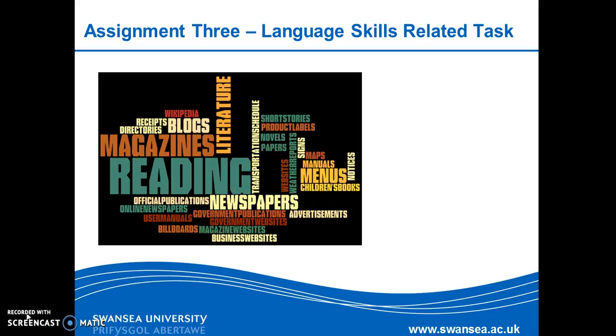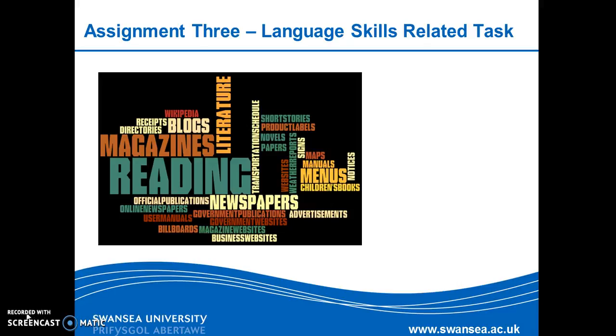Learners are very often motivated by using these authentic materials in the classroom because they can see how their classroom learning becomes directly applicable to their real-world use of English. So this assignment is designed to help you to become more independent in designing your own classroom materials so that you're not always relying on coursebook materials that have been published.